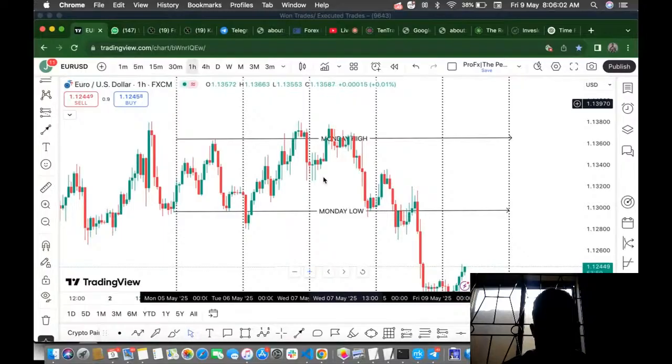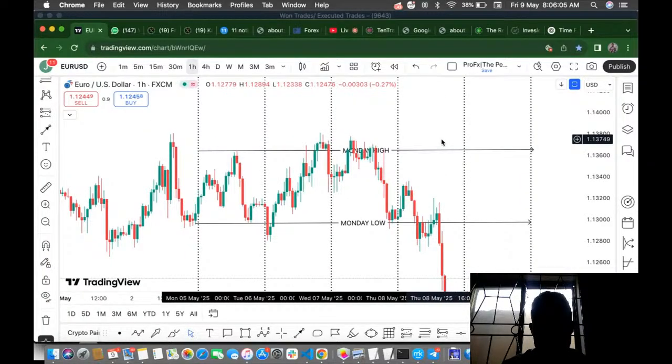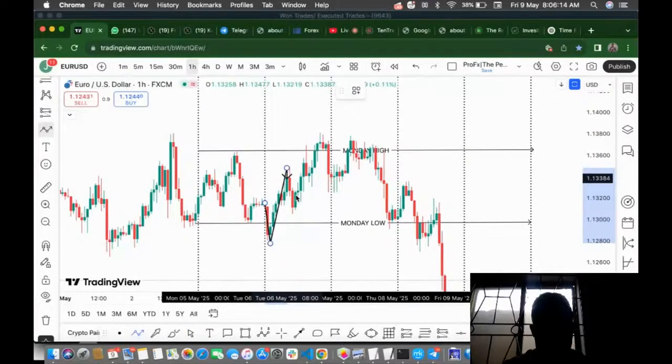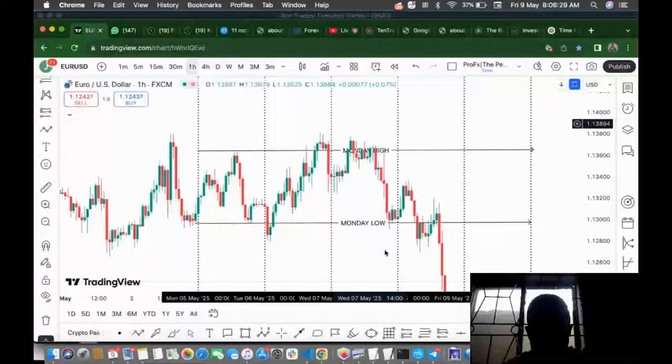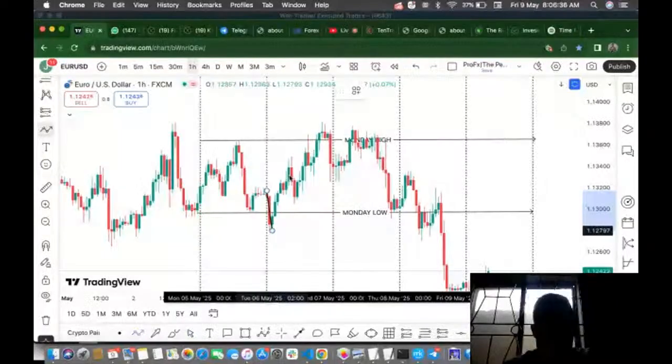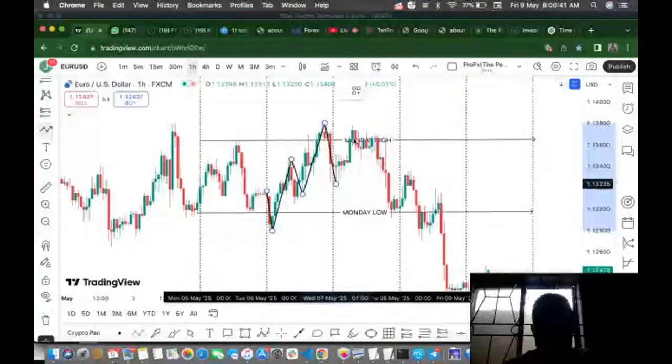Assuming we had a break of structure creating a higher high, that means after price action, assuming it did something like this, broke above to give a higher high, this would have been a bullish week. But what did the price do? Look at what price action did. After taking out Monday low, it took out Monday high, and we saw a distribution, a valid change of trend.